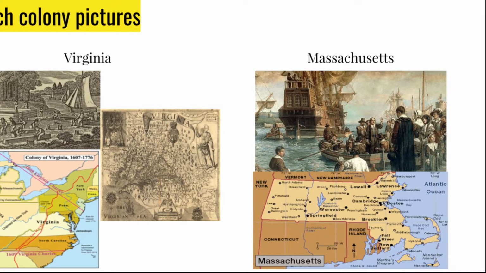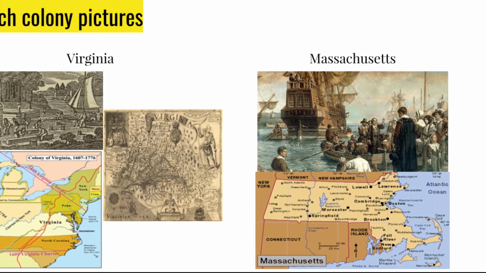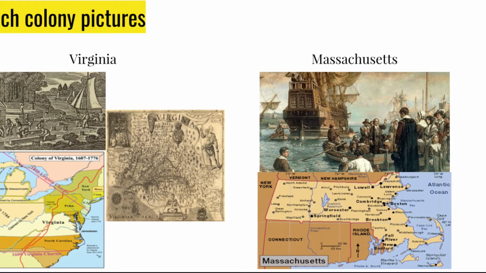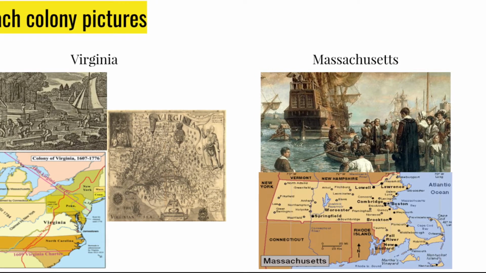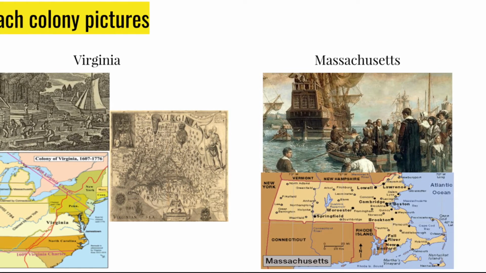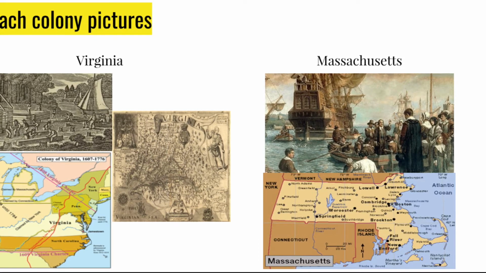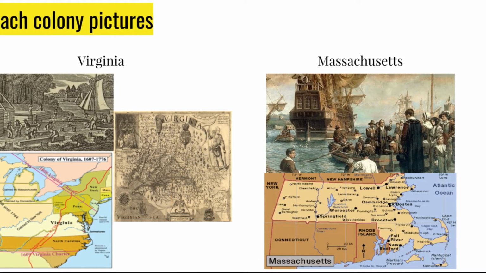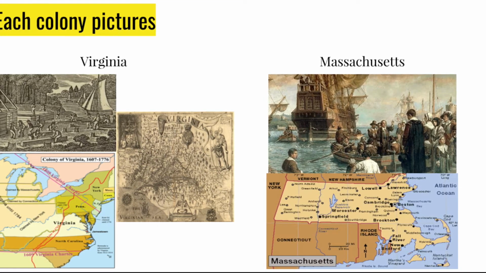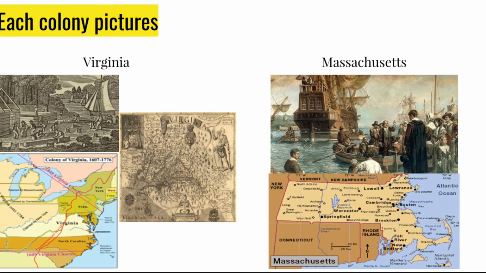I have selected in this slide pictures of both colonies. On our left side, we have pictures of Virginia colonies. The first picture in the left corner is the Virginia colony being made and built up. The second photo, right underneath it, is a map of the Virginia colony with a trace of the path they took to colonize it.